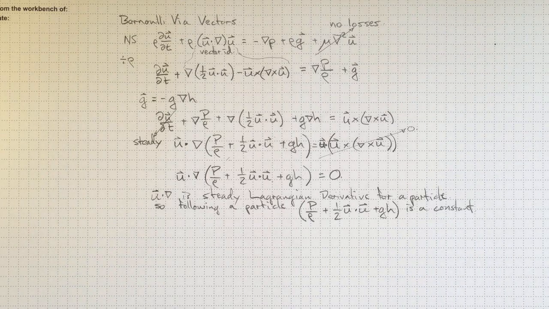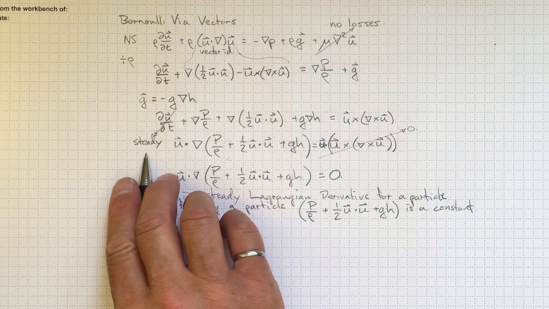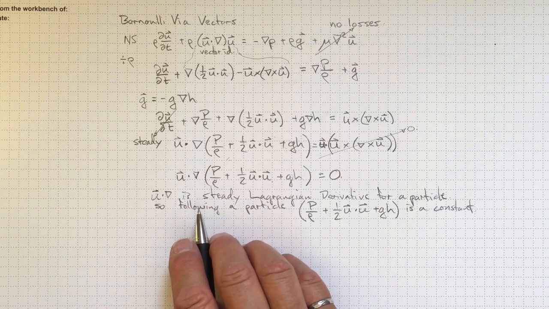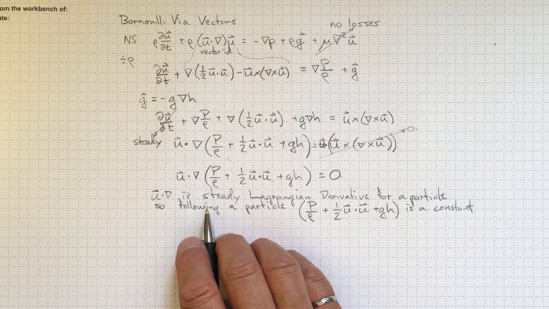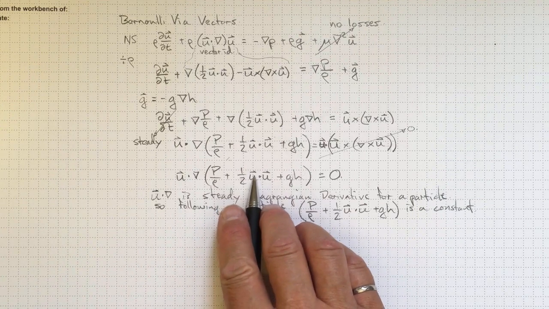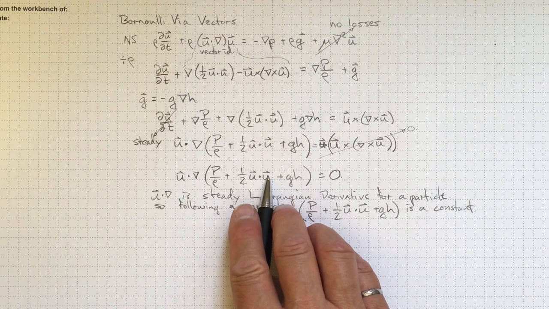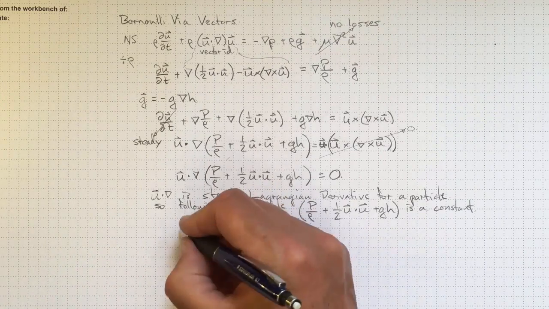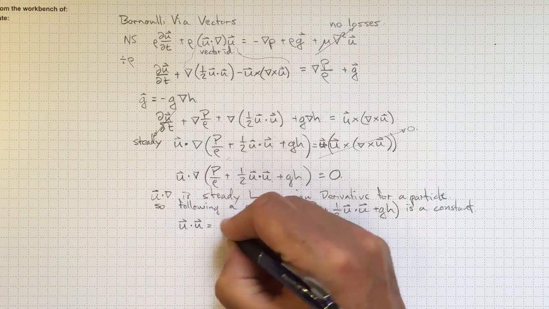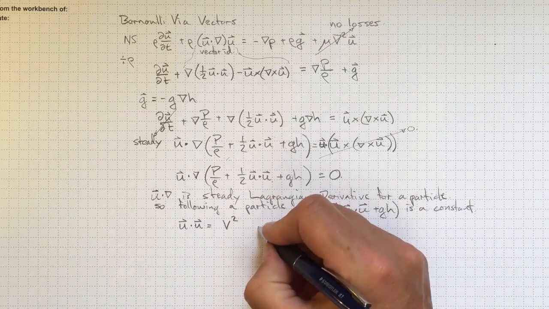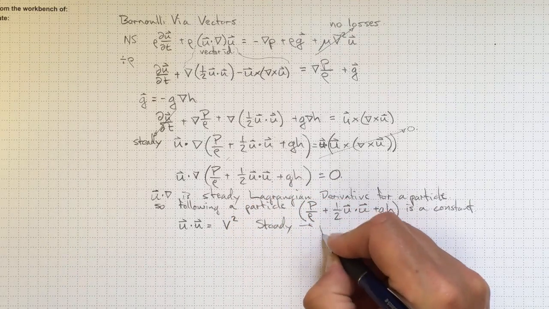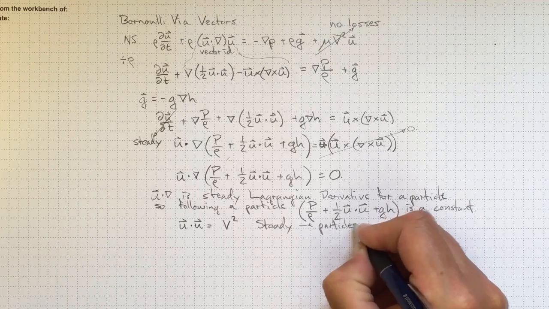Now we're in a steady flow, and in steady flow, a particle follows a streamline. The path followed by a particle goes along a streamline. And the dot product of the velocity with itself anywhere is the square of the magnitude of the velocity. So u dot u we'll call capital V squared, and because we're in steady flow, particles follow streamlines.